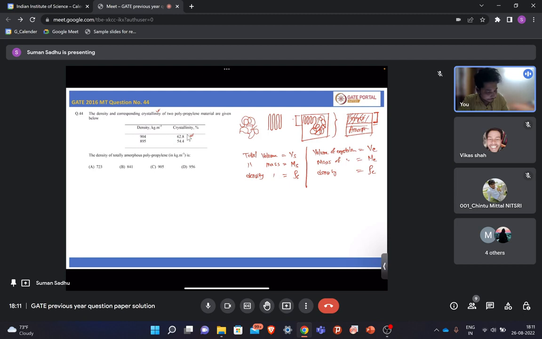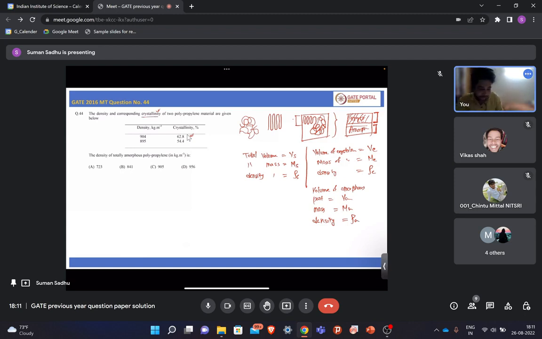Similarly, assume that the volume of the amorphous part is Va, the mass is Ma, and the density is rho a.